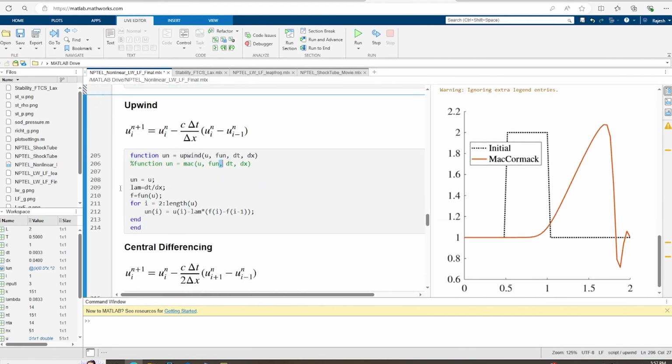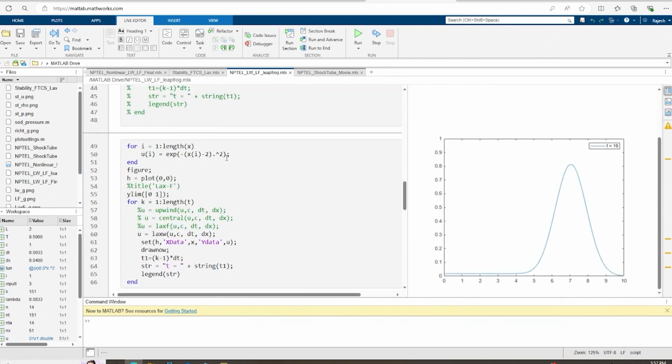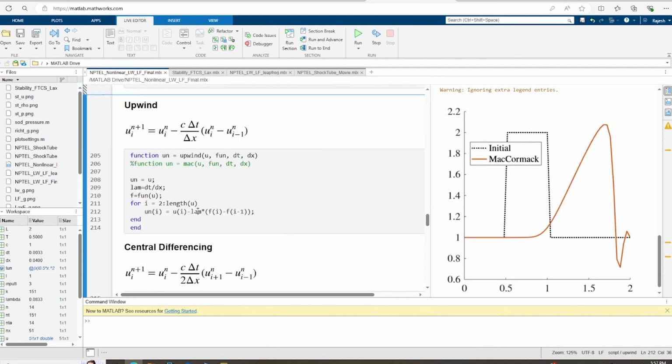Earlier I was calculating lambda equal to c dt by dx, and I was multiplying lambda into ui minus 1. That was my earlier code. Here this was the code earlier: lambda equal to c dt by dx, and this is the very important term, you multiply lambda into ui minus 1. I am using the same name lambda, but this is nothing but dt by dx.